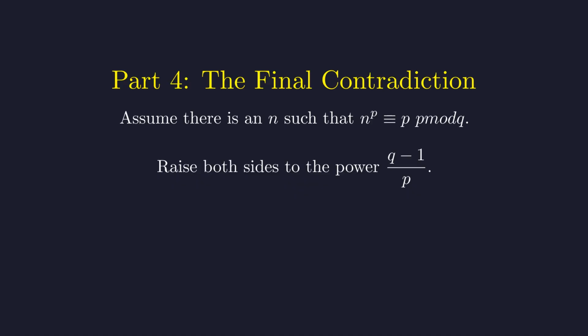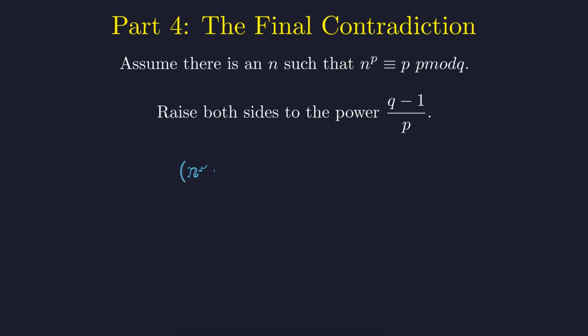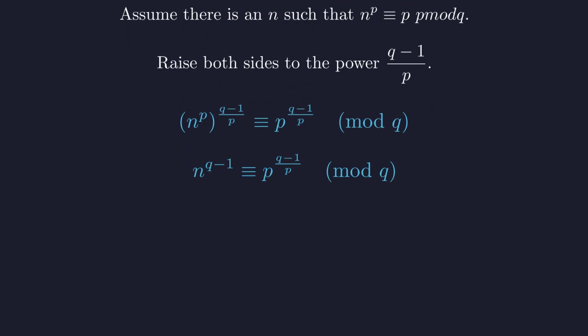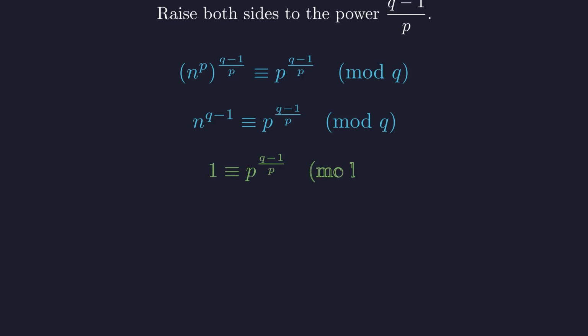Let's raise both sides to this power. This gives us n to the p, all to the power of (q minus 1) over p, is congruent to p to the power of (q minus 1) over p. The left side simplifies to n to the power of q minus 1. By Fermat's little theorem, the left side is just 1, so 1 is congruent to p to the power of (q minus 1) over p.